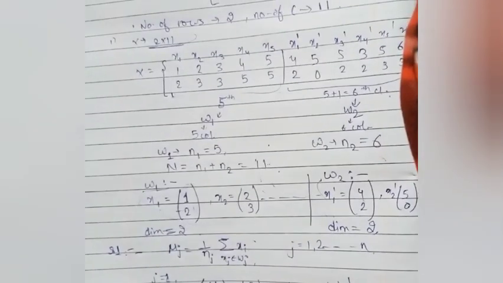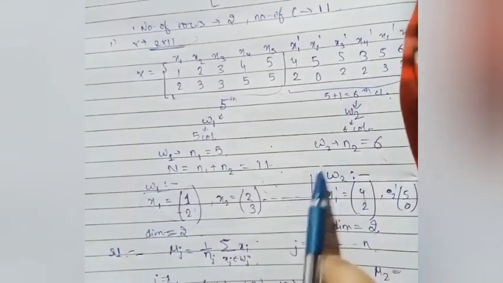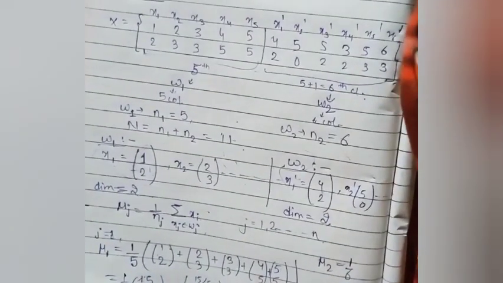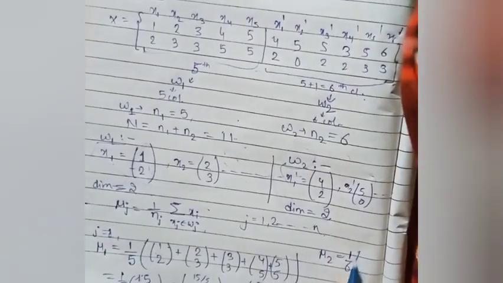Similarly, we will calculate the value of mu2 for the class matrix W2, which would be 1 by 6 times 28 by 12.